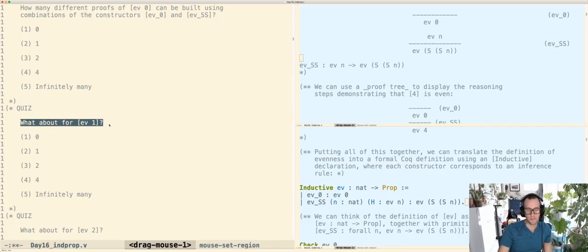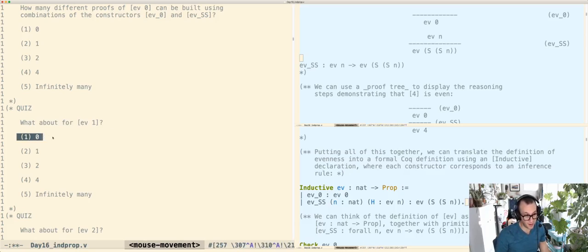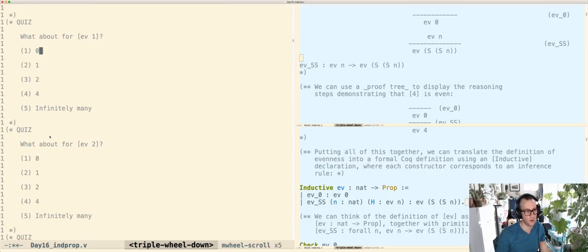What about EV1? How many proofs are there that 1 is even? Pause the video if you need to. Now, we don't yet know how to show it, but the answer ought to be 0. If this is a good definition of evenness, there should be no proofs that the number 1 is even. What about for EV2? Pause the video.